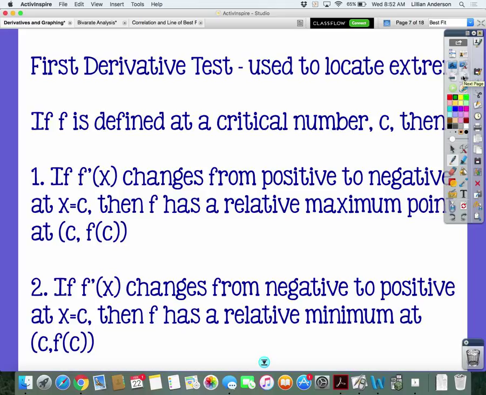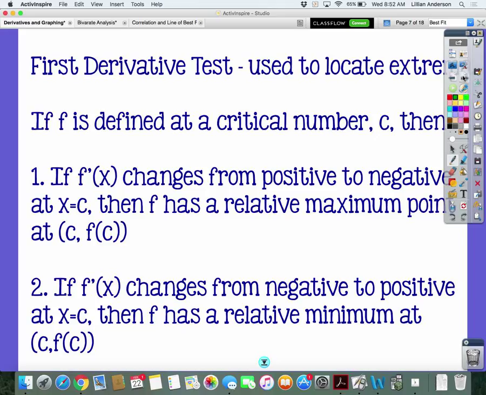So then you have what's known as the first derivative test that basically sums this all up. The first derivative test is used to locate extrema. If f is defined at a critical number c, then if the first derivative changes from positive to negative at c, then f has a relative maximum point at c, f of c.